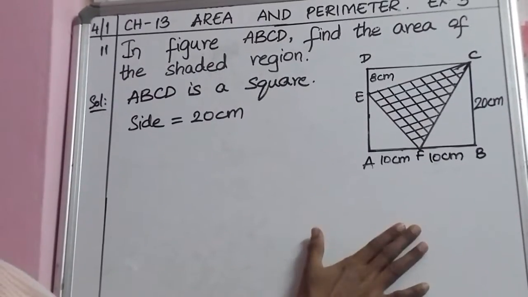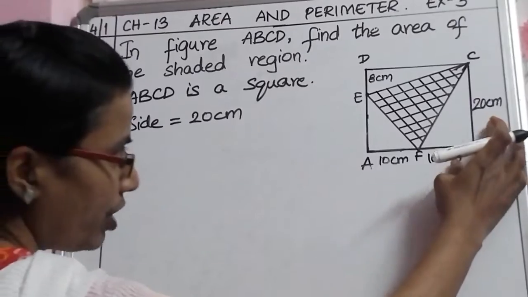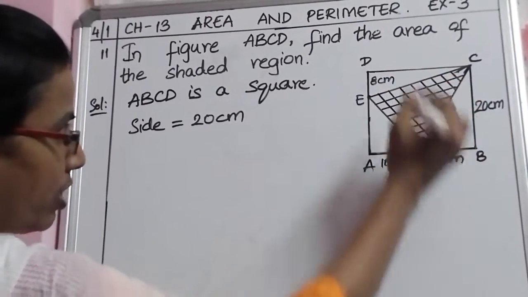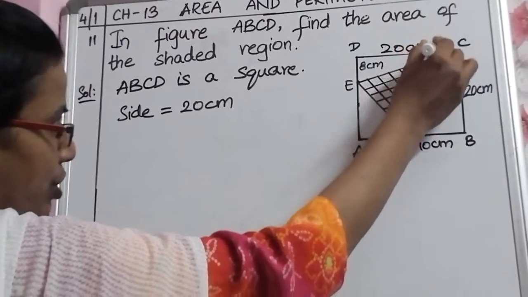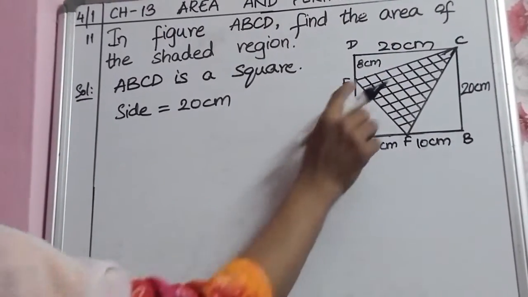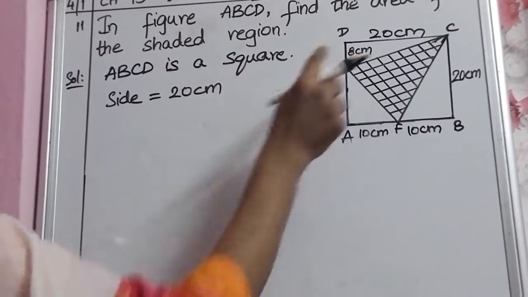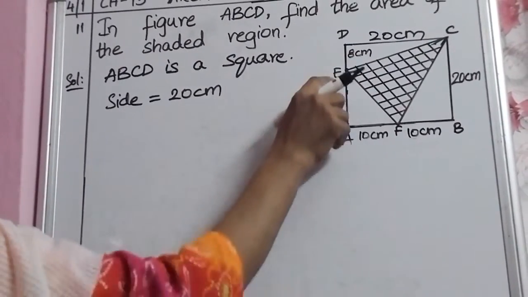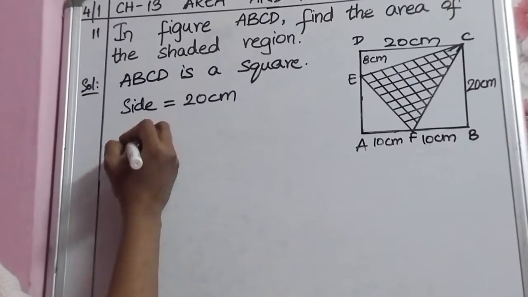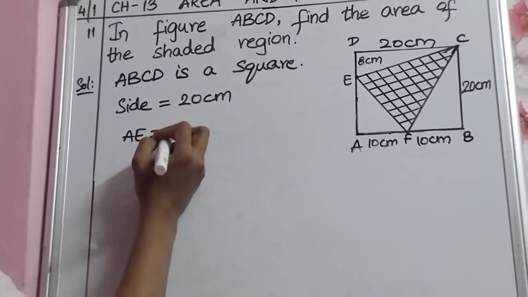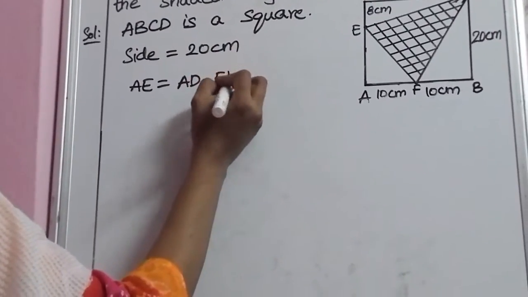So for that you have to see that all the sides you have the values. You know that opposite sides are equal. All the sides are equal. So this is 20 centimeters. And here it is given that ED is 8 centimeters, but you don't know the value of AE. So to find out the value of AE, this is equal to AD minus ED.